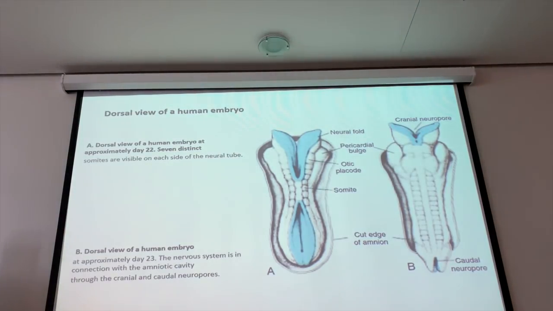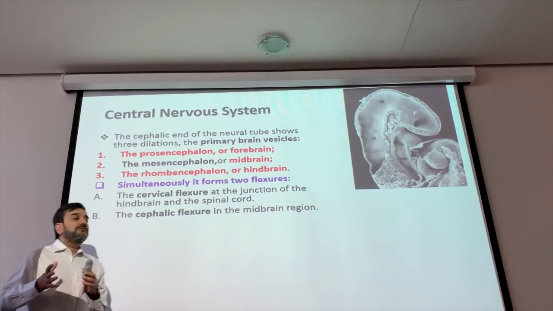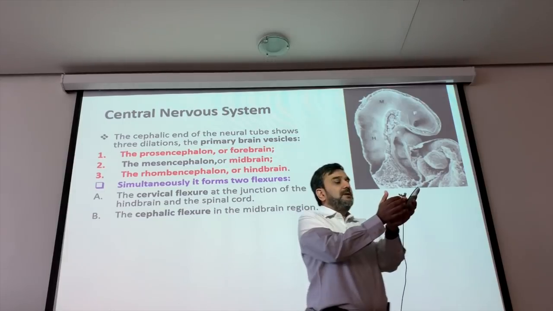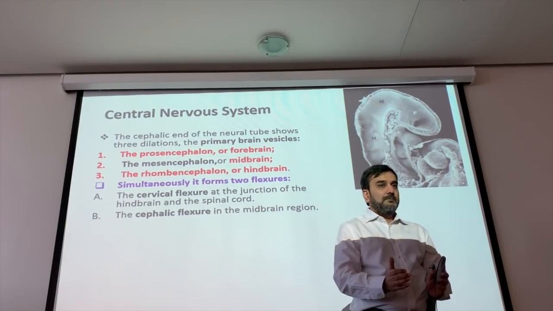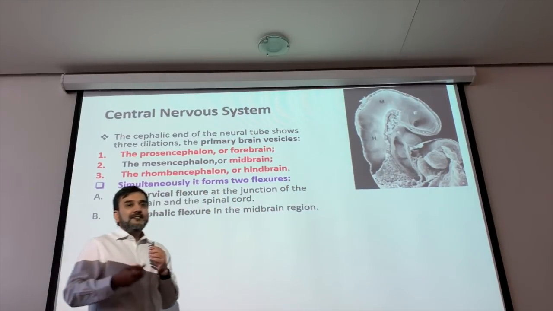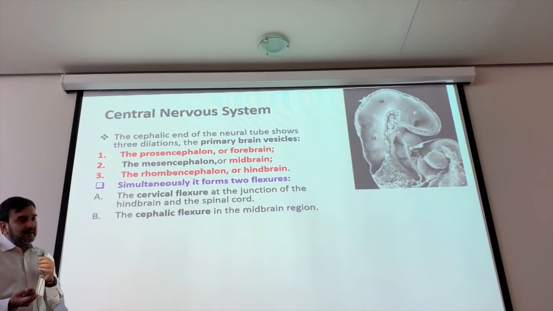Now once the neural tube is formed, it is going to give rise to 3 vesicles, 3 bulgings. So there would be prosencephalon, mesencephalon, and rhombencephalon. Prosencephalon is called forebrain, mesencephalon is the midbrain, and rhombencephalon is the hindbrain.